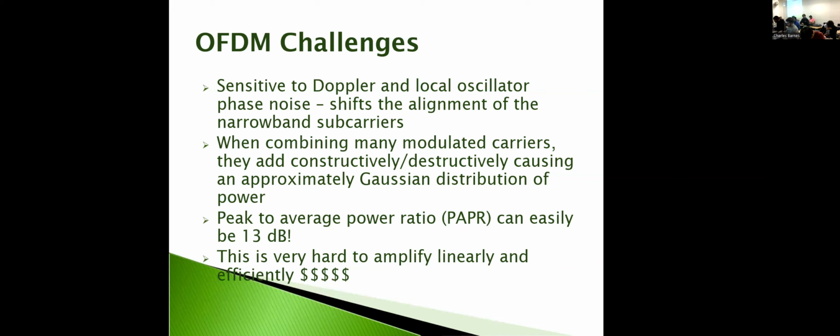As it turns out, all these are going to constructively or destructively add according to their amplitudes and phases. As we combine, through the central limit theorem, regardless of the distribution you have on any given carrier, if you've got a whole bunch of these, you're going to have a distribution that looks Gaussian.